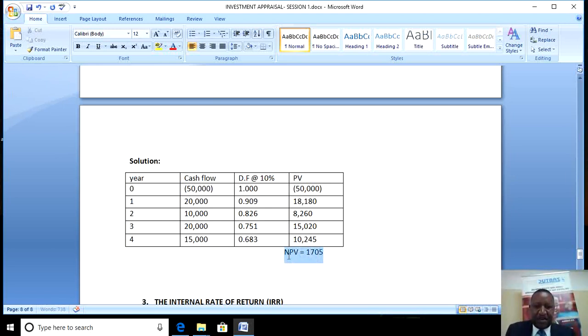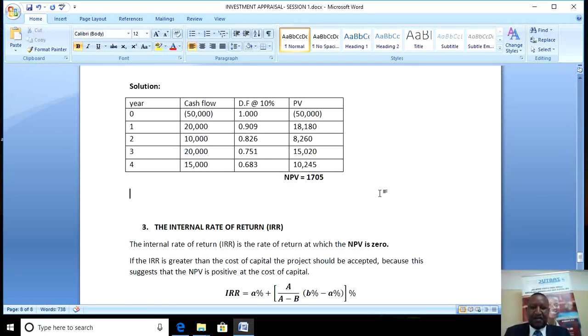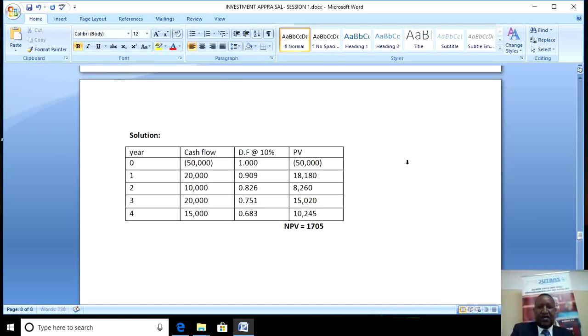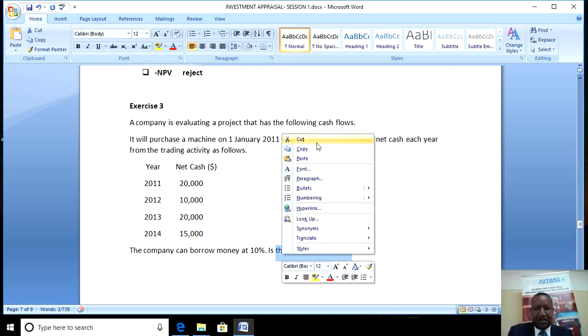That should be your net present value. So that's how we calculate the net present value for a project. And since this is positive, it means that the project is acceptable. So your answer, you will conclude that yes, the project is worthwhile.